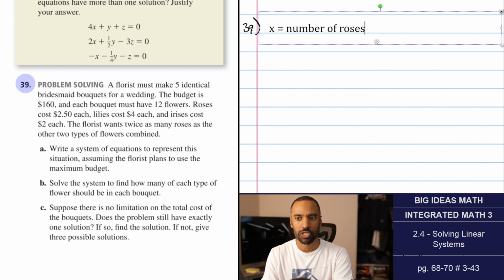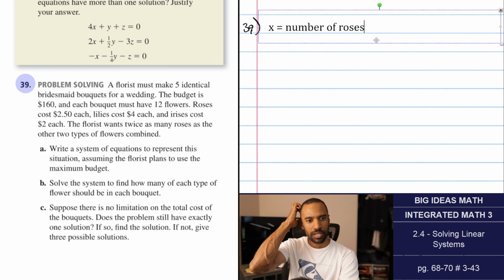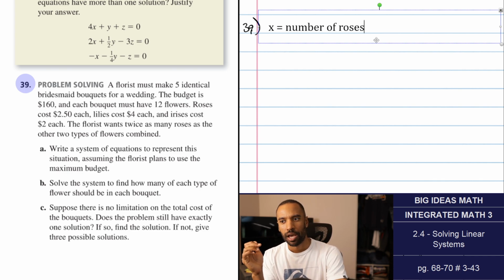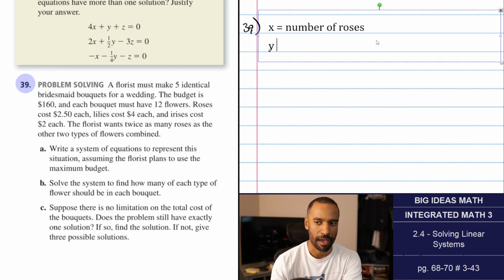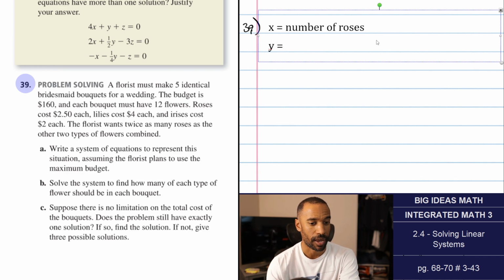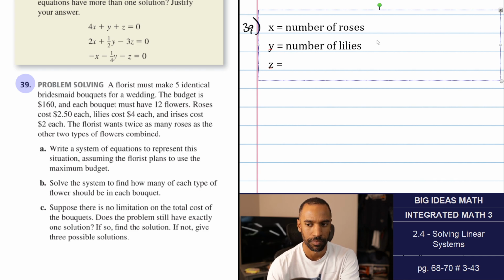Now, the only thing is I don't know if this is per bouquet. It says each bouquet must have 12 flowers. I don't know if we got to multiply by 5 yet or anything like that. That's the only thing that I'm having trouble with. I got to see what that's all about. I haven't read part B and C yet either. Y is number of lilies. Before I write the system, I'm going to read parts B and C. Z is number of irises.